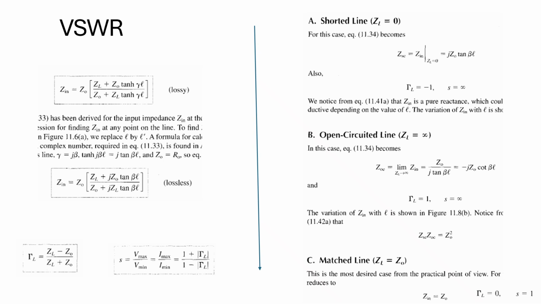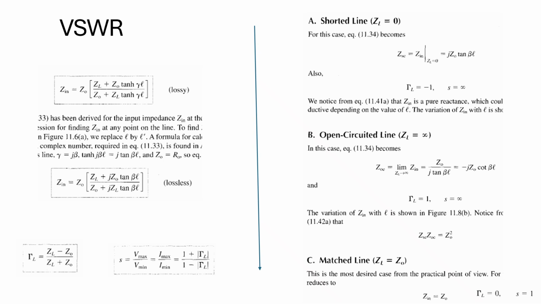Gamma is the propagation constant for a lossy medium, and for a lossless medium you just replace the value of tanh gamma L, since alpha will be 0 for a lossless medium. Further, tau, the reflection coefficient, can be calculated as (ZL minus Z0) divided by (ZL plus Z0).